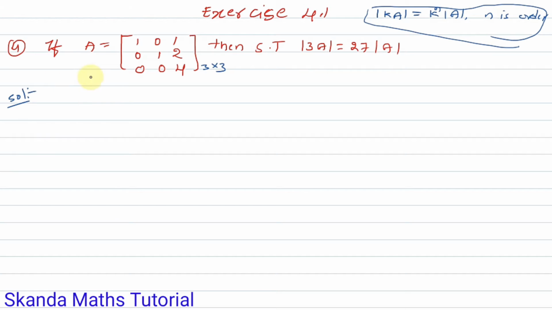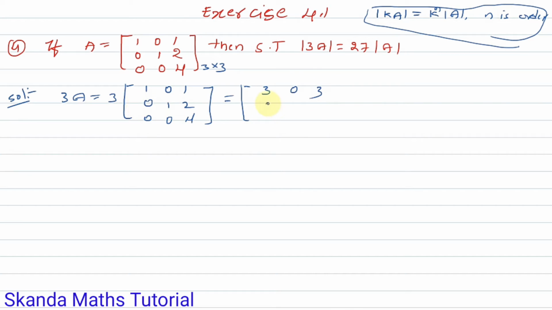First we multiply the scalar 3 with A. So 3A is 3 times [1 0 1; 0 1 2; 0 0 4]. Multiplying by 3 means each and every element must be multiplied by 3. So 3 ones are 3, 3 zeros are 0, 3 ones are 3.